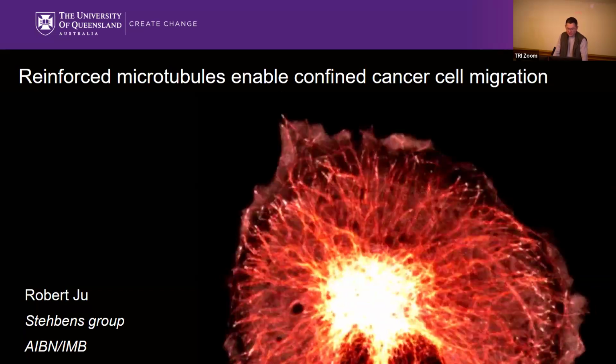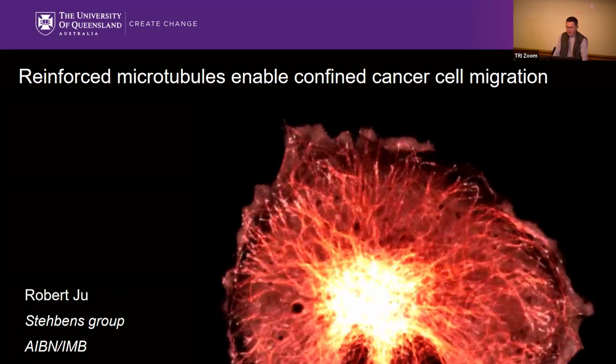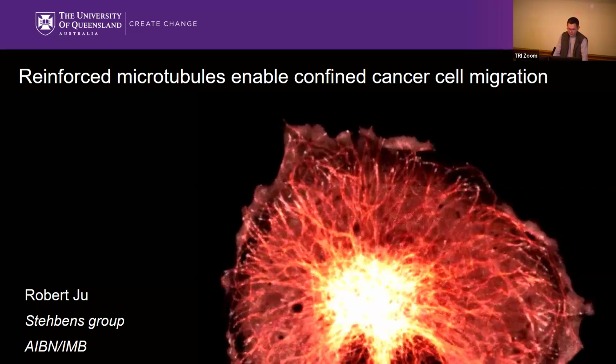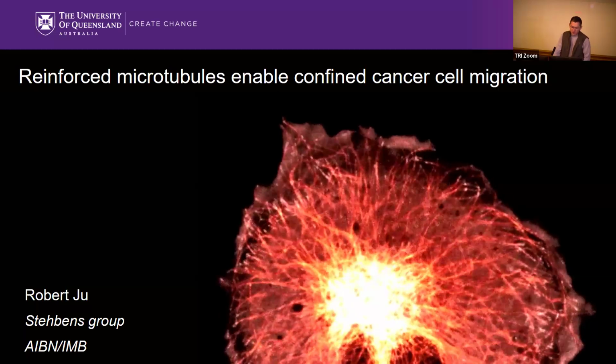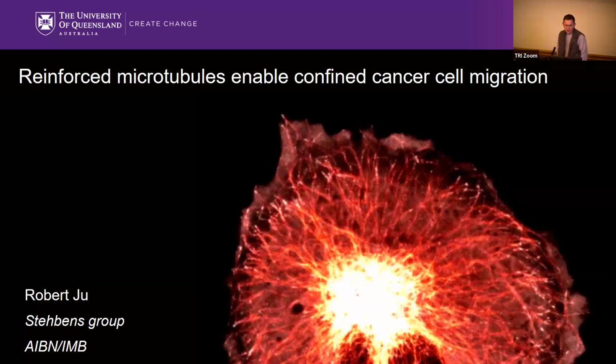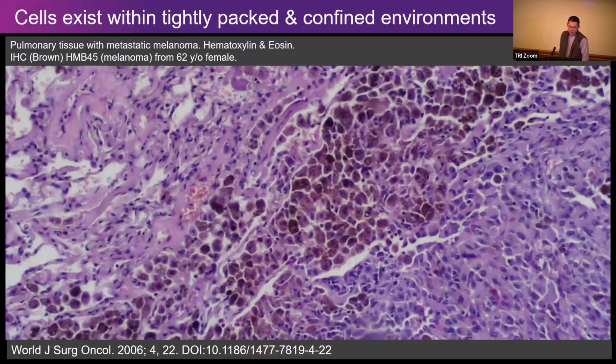He's been quite instrumental, as well as my current boss, Sam Stebbins, in driving this project forward and mentoring me through. And the talk is really about how different components of the cytoskeleton, especially microtubules, enable cells to migrate through confined spaces. And this is particularly relevant in the setting of cancer.